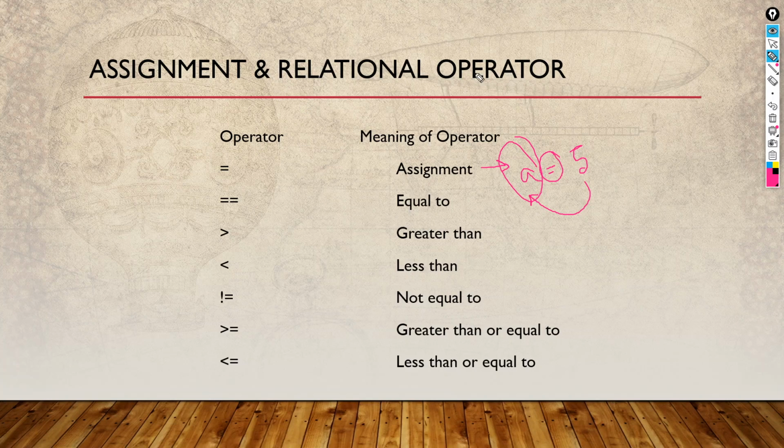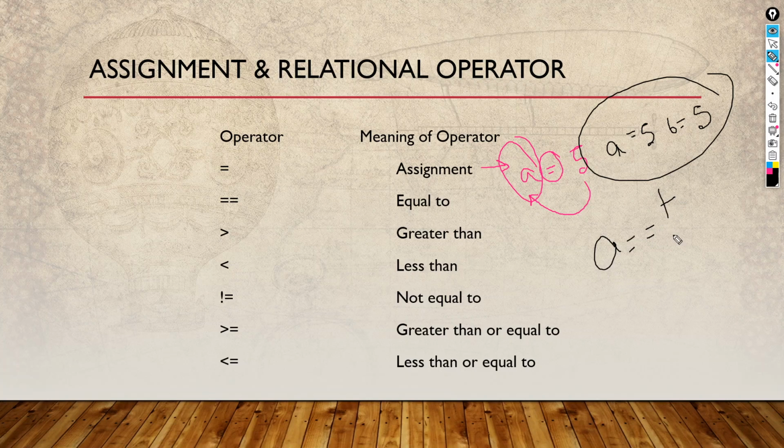And what is a relational operator? Suppose we declare two variables, a equals 5 and b equals 5, both values are the same.